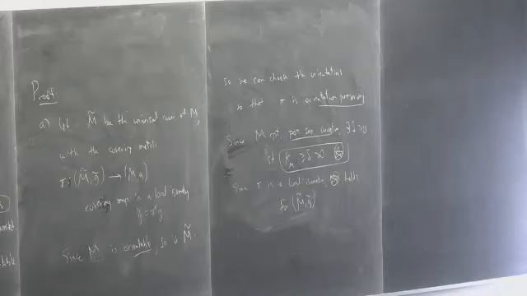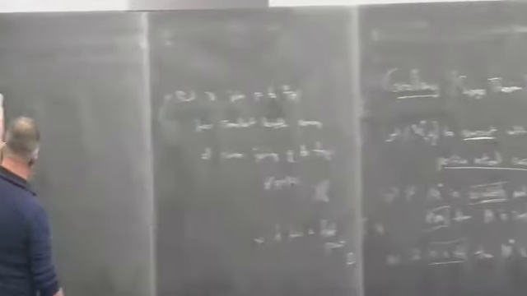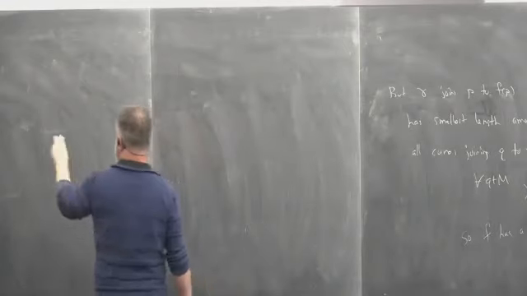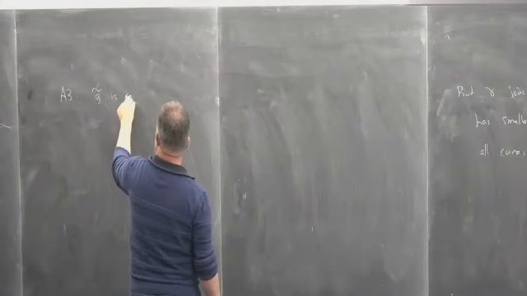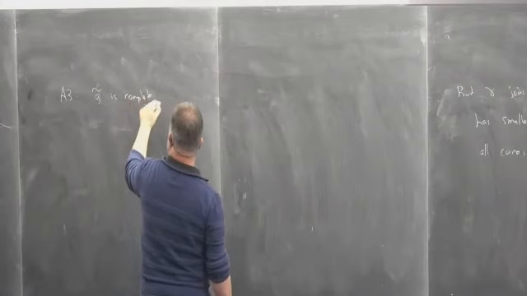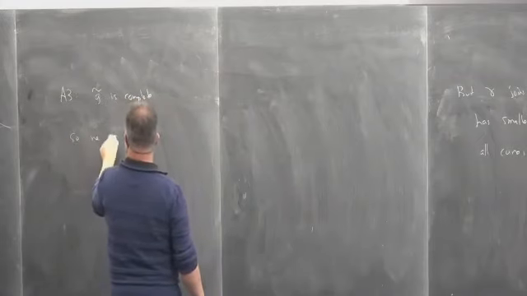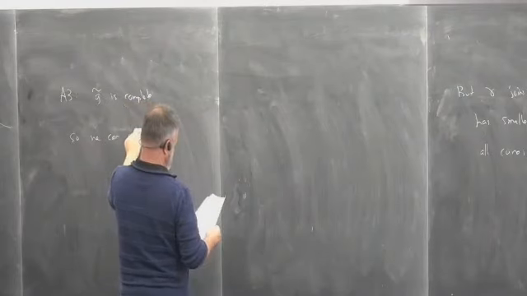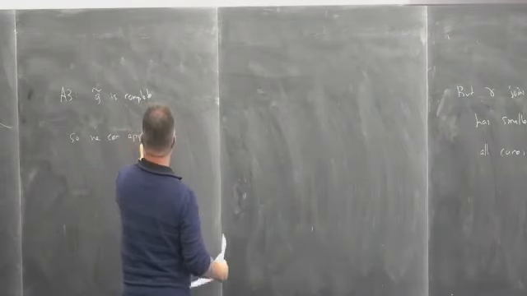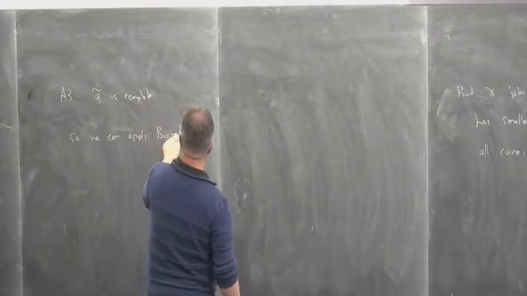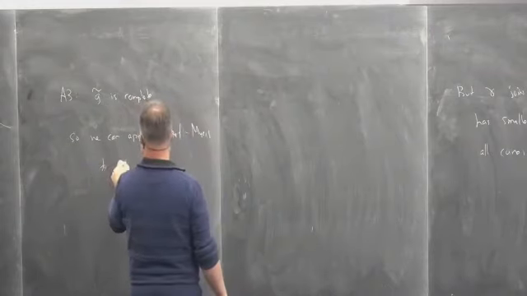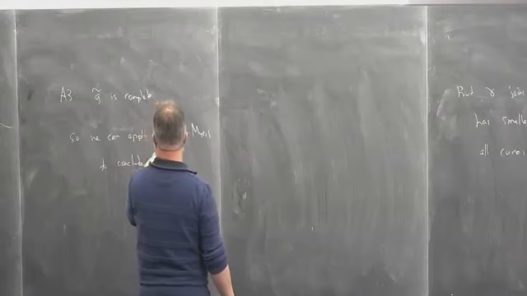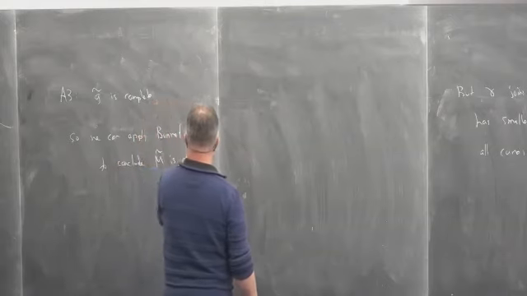That's something you're proving on assignment 3 for this Friday. From assignment 3, you prove that g tilde is complete. So we can apply Bonnet-Myers to conclude that M tilde is also compact.